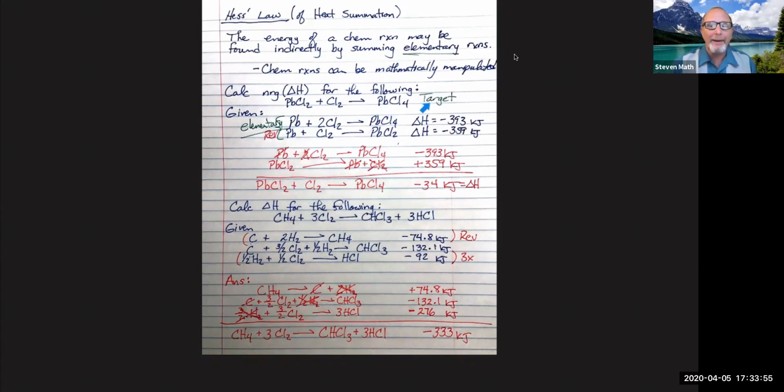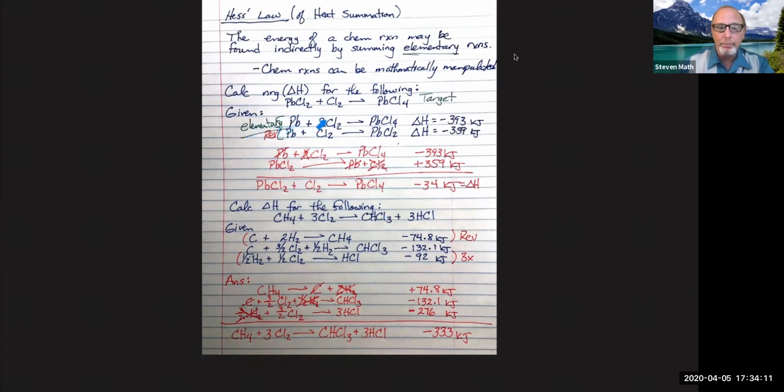I call that my target reaction because that's the reaction we're trying to hit. We're trying to achieve the energy associated with that reaction given these two reactions. Those are called my elementary steps.